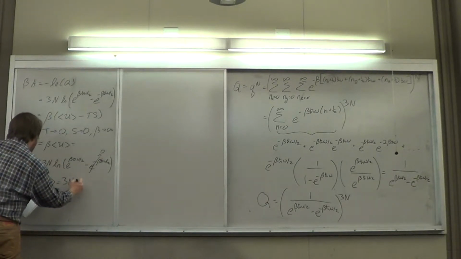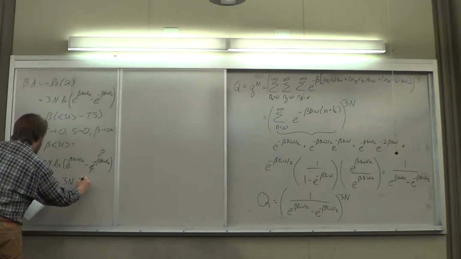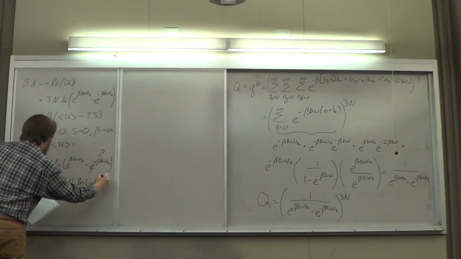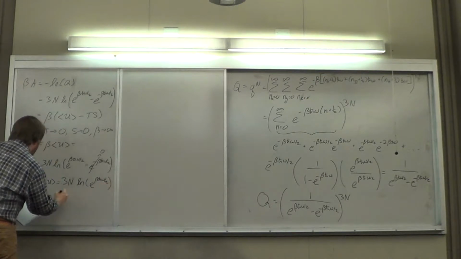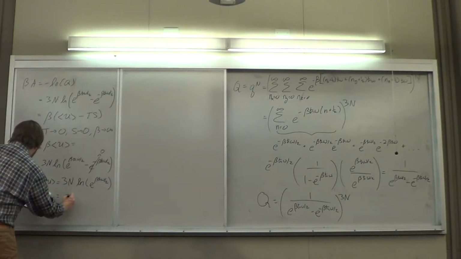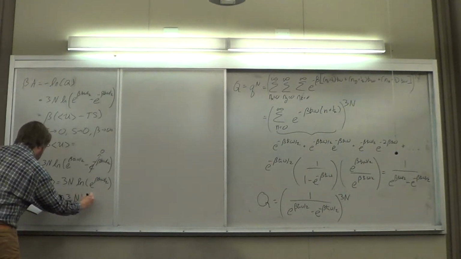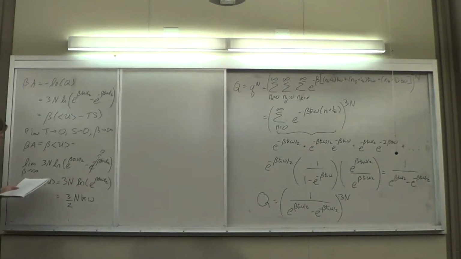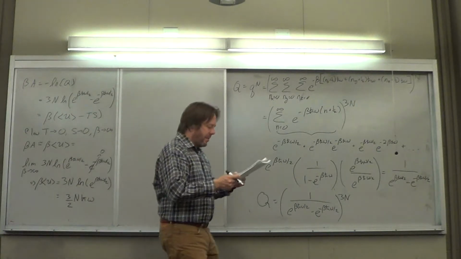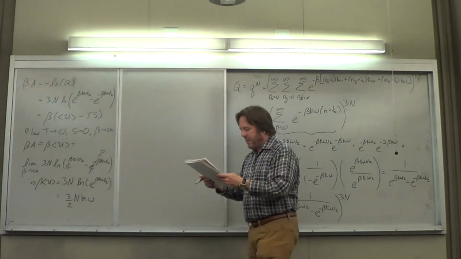But anyway, okay, so 3n natural log of e to the beta frequency over 2, and this, of course, natural log of the e. This ends up being 3/2. Okay, there you go. All right, so that is your internal energy.